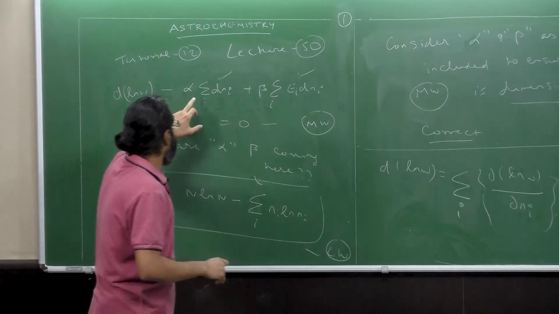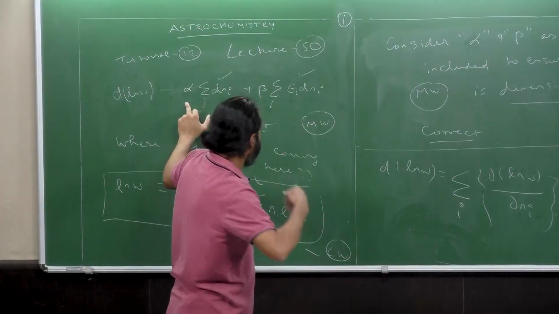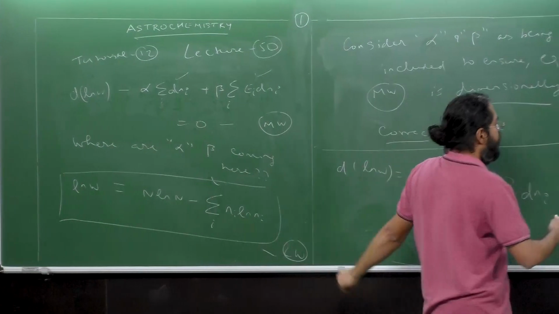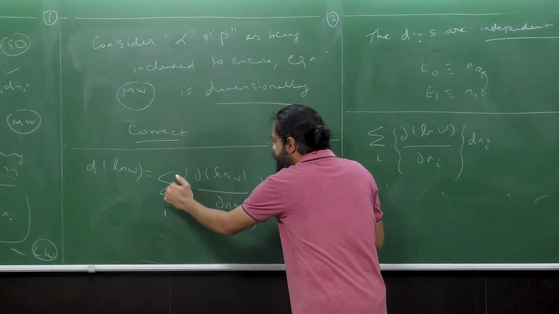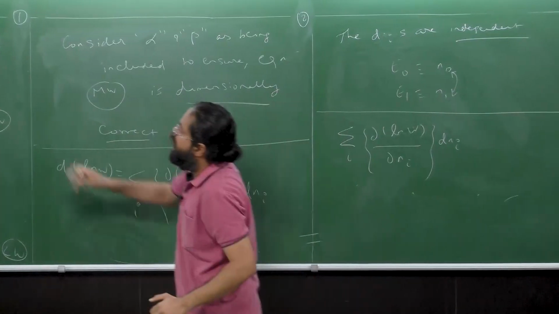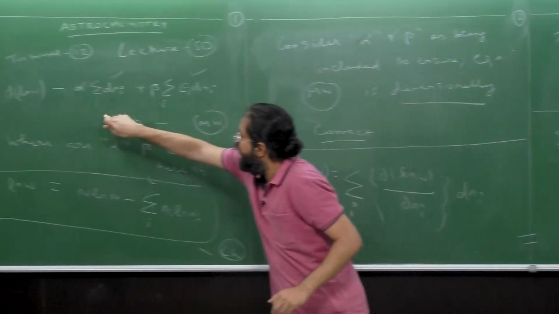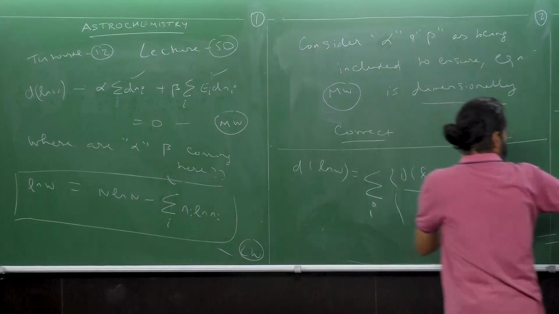Okay, so I have this expression right here. I'll go back to the main point: I'm substituting this expression for d ln W in this expression MW. So I have written the first term.